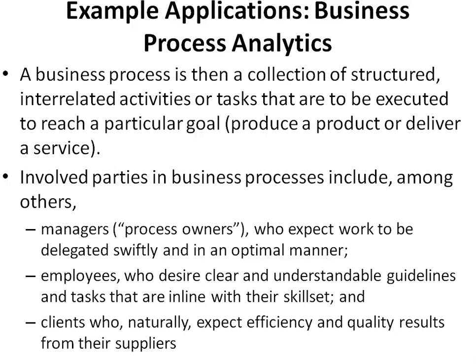Some parties are included in this business process: managers, employees, and their clients. Managers are the process owners who expect the work to be done in a correct and fast way.